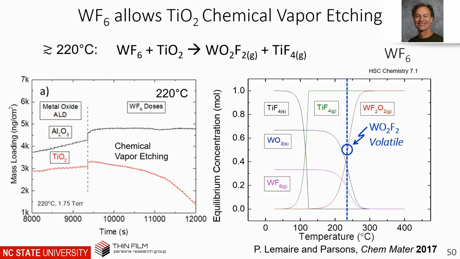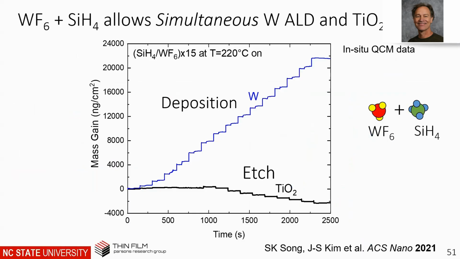And you know what? Here it is. Here's the data. It etches. If you do the same calculation with aluminum oxide, it says it doesn't etch. And look at that, it doesn't etch. So what that means is that if I have TiO2 present and tungsten present, and you do this process, the tungsten will grow and the TiO2 will etch.